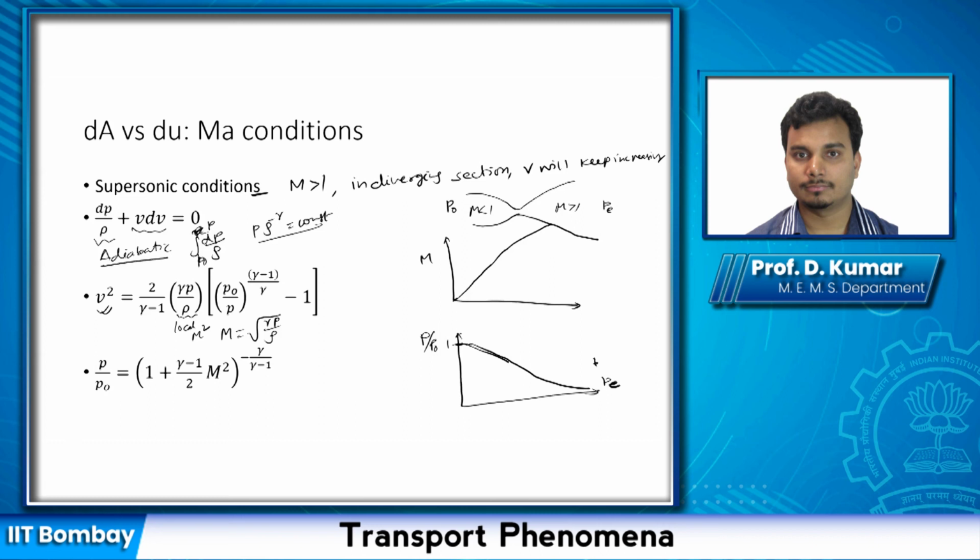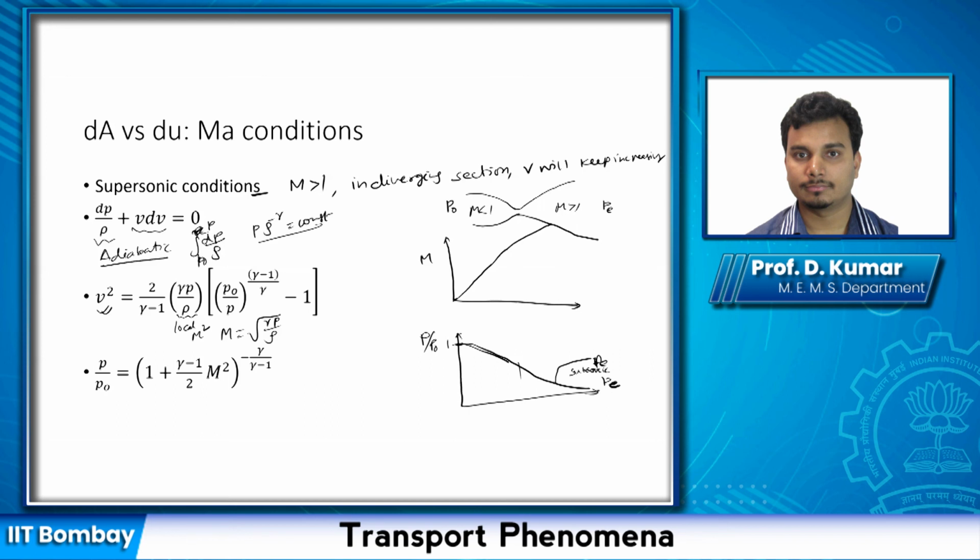In such cases, this is the supersonic regime, and if your exit pressure is somewhere here, then there will be some shock formation somewhere, so that the exit pressure becomes equal to this. From here to here, it will then become subsonic. However, if you could maintain this pressure or below this, it will follow this law.